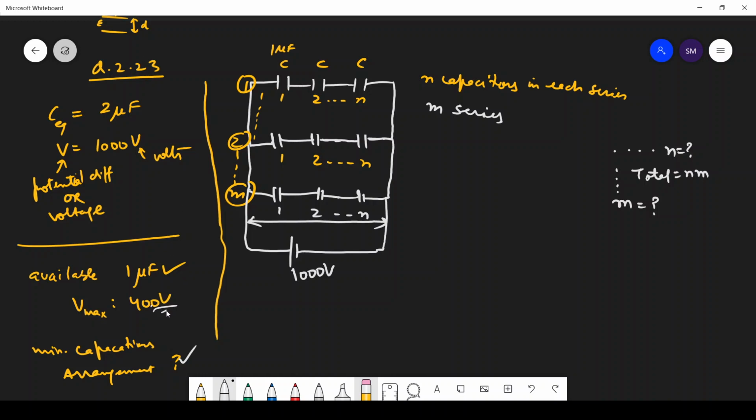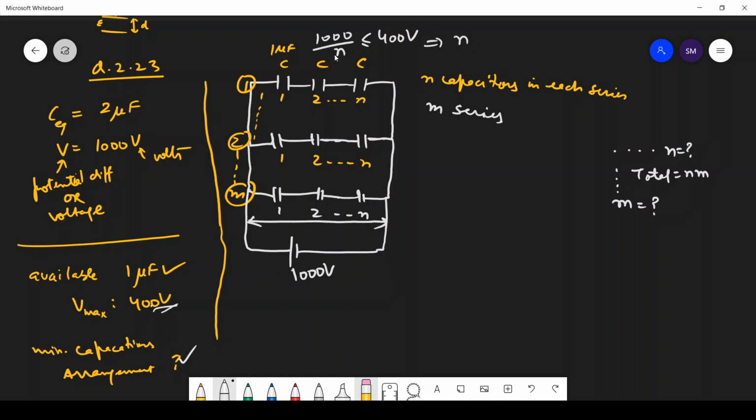I need at most 400 volts, so I need to divide this 1000 among n capacitors, and the voltage each capacitor gets should be less than 400 volts, right?